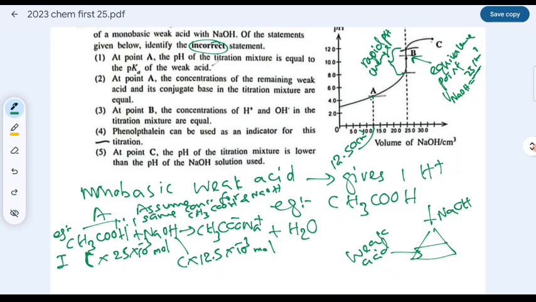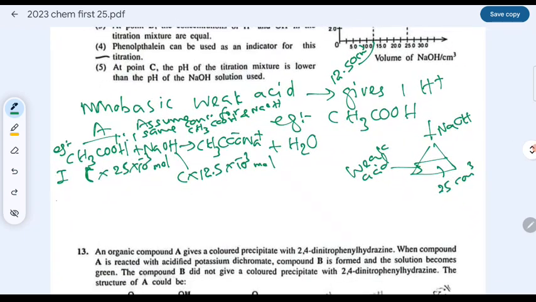Therefore, we can say that the volume of CH3COOH here is 25 cubic centimeters. Right? So that's why I am taking it as 25 here. Volume is 25, then I get the moles as these.